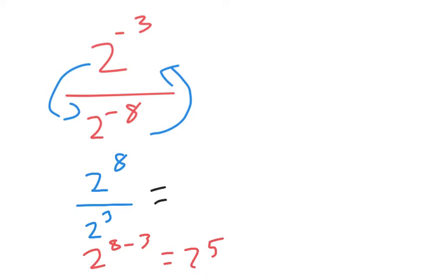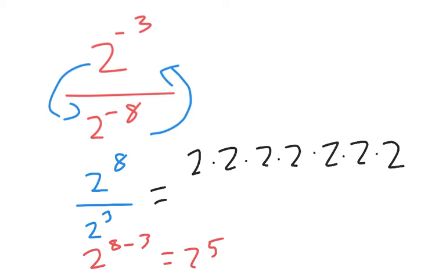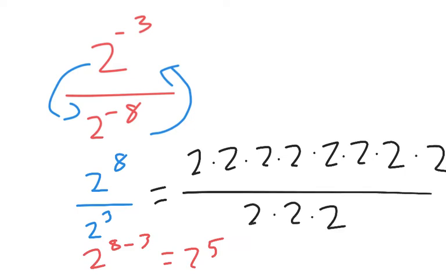And now just to show you visually, what does 2 to the 8th mean? 2 times 2 times 2 times 2 times 2, 1, 2, 3, 4, 5, 6, 7, 8. And this is being divided by 2 to the third. What can I do when I'm dividing? Do you remember reducing in division?